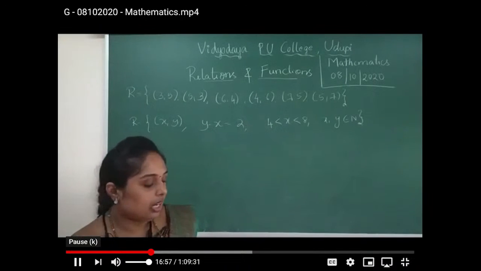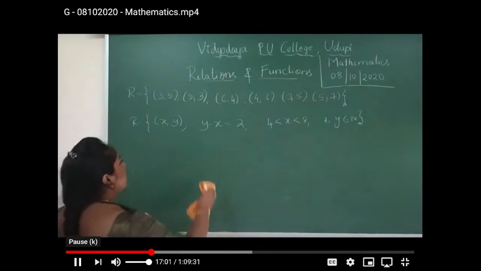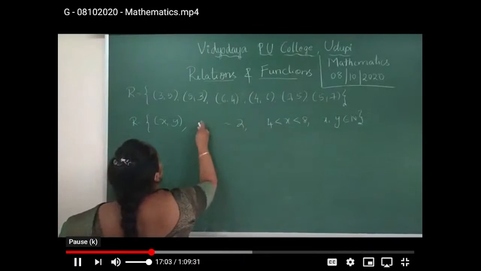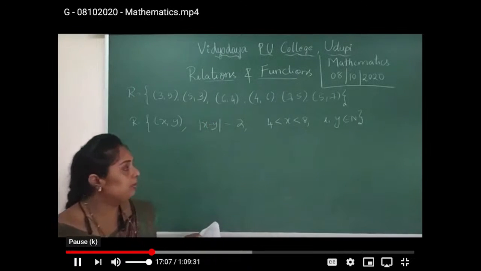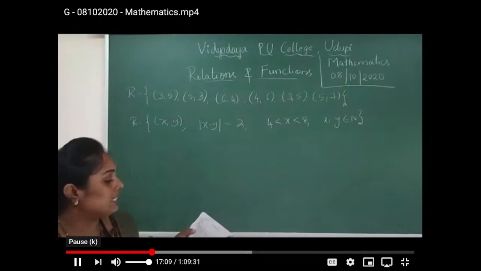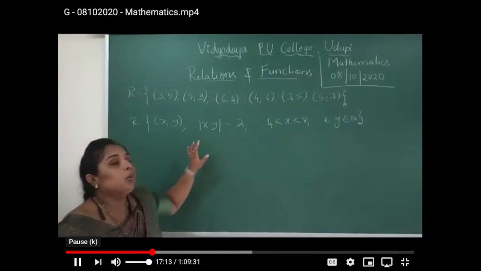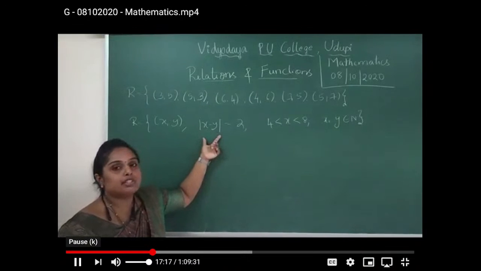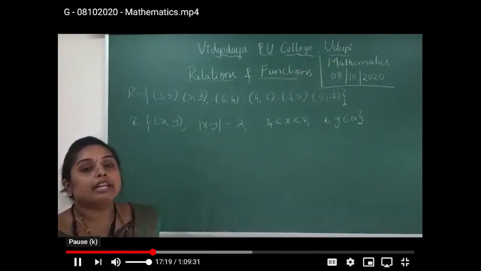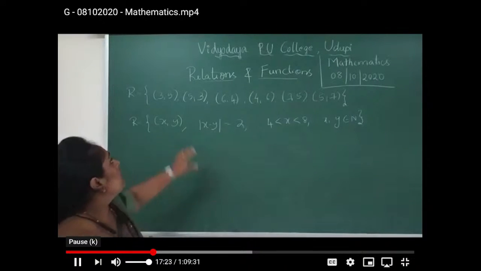Now go to the third option. It's given ordered pairs x comma y such that mod of x minus y is equal to 2, x is greater than 4, less than 8, and x comma y belongs to natural numbers. Whether this option is satisfying: mod means if I get a negative value inside the modulus, that can be written as positive.